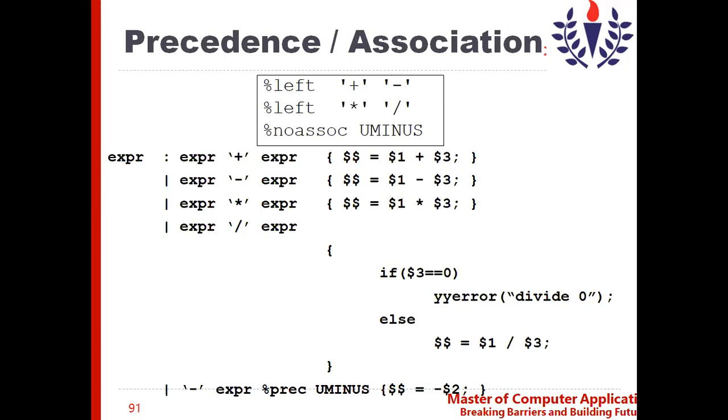In the last grammar rule, for the unary minus, a higher precedence is given to the unary minus, and $$ is equal to minus $2. This grammar will be used to evaluate expressions that perform arithmetic operations: addition, subtraction, multiplication, and division. Let me give you one program that performs a simple calculator.